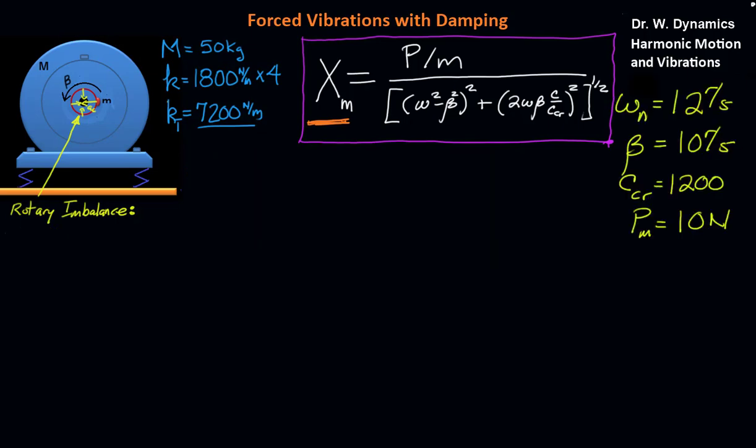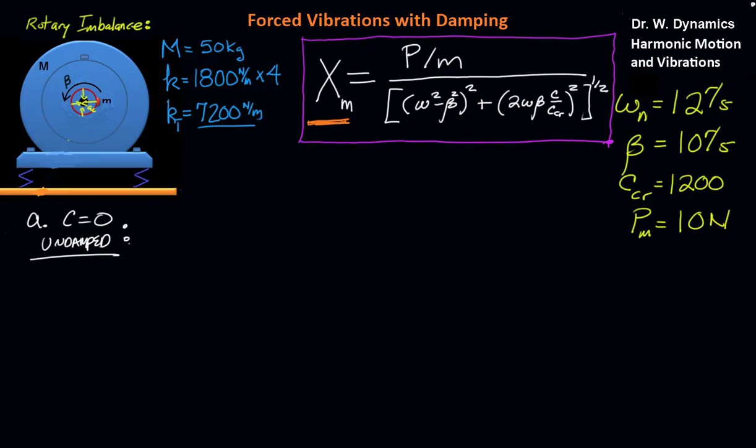And let's look at the case where it's completely undamped. What will the vibrational amplitude be? And we know when C is 0 over here, this whole term drops out, and we're left with just our undamped amplitude. So the undamped amplitude will be P over m, omega squared minus beta squared.